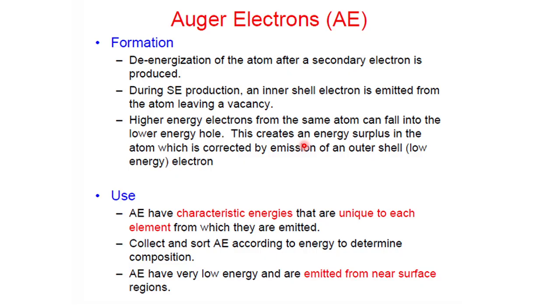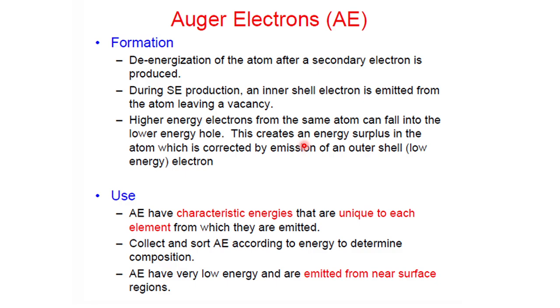So what is the use of this Auger electron? It has characteristic energies that are unique for each element. Since that electron is coming from your element, it is obviously unique for each element from which it is emitted. We collect and sort Auger electrons according to energy to determine the composition.